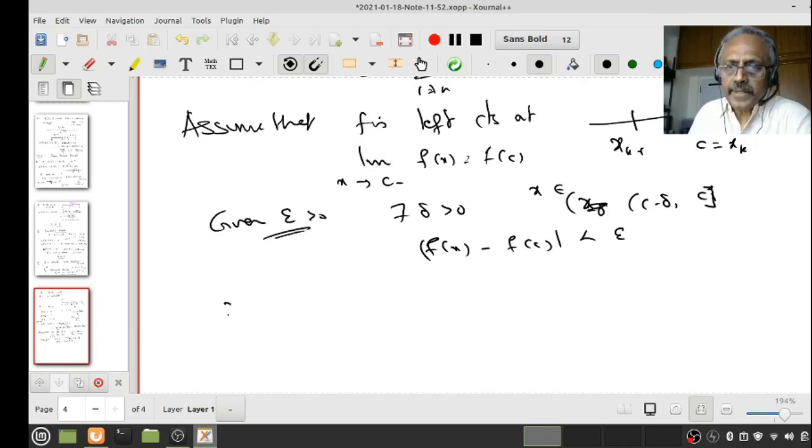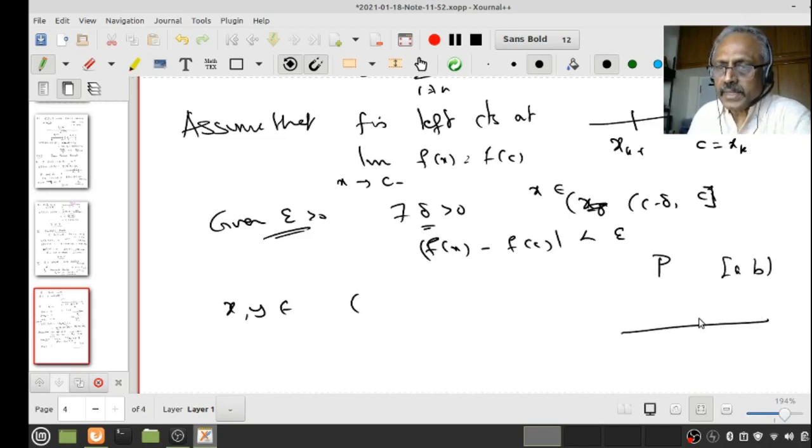Yeah. Therefore, for any x and y in the interval, okay, given delta, what do I do now? I find a partition P of [a, b] in such a way that, okay, this interval x(k minus 1) to xk, which is equal to c, this length is less than delta. You follow that?